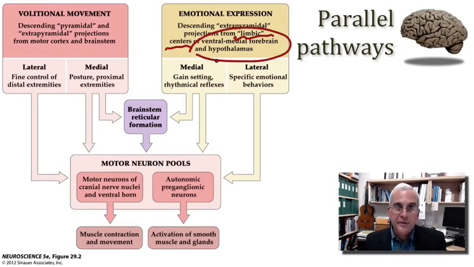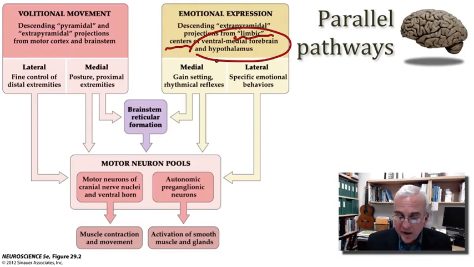Now, I'm going to stretch the medial and lateral concept just a bit, but I think it's possible to apply the same concept of lateral and medial descending pathways that we see very clearly in the control of voluntary movement to the organization of emotional expression.